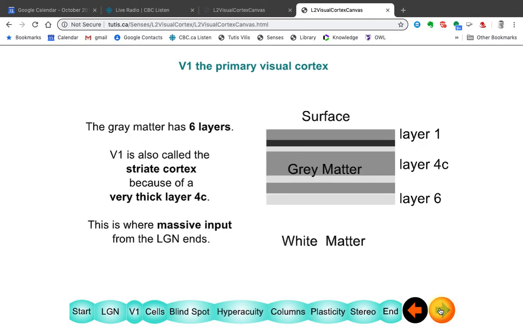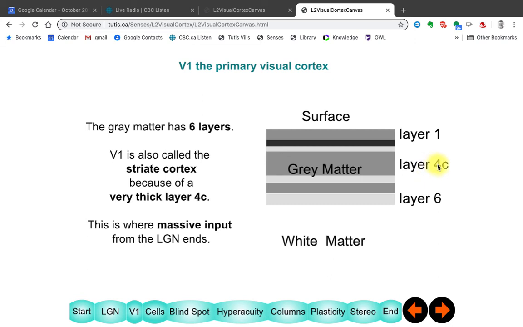Within this gray matter, we've got layers. This is the surface, this is the white matter, and we've got 6 layers. The deepest layer is called layer 6. The one on the surface is called layer 1. An important one we'll refer to is called layer 4C.